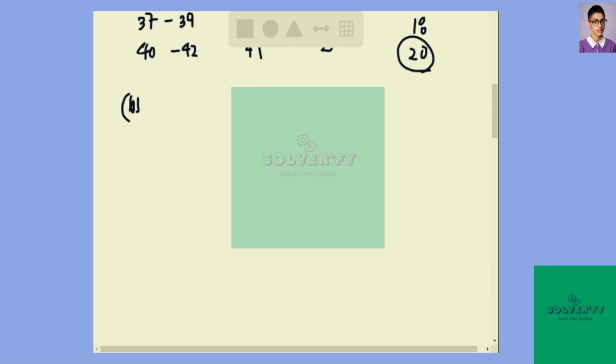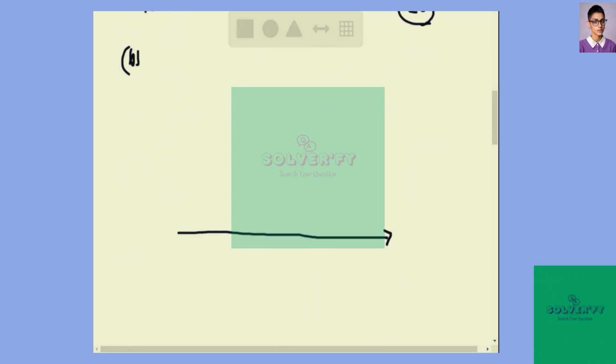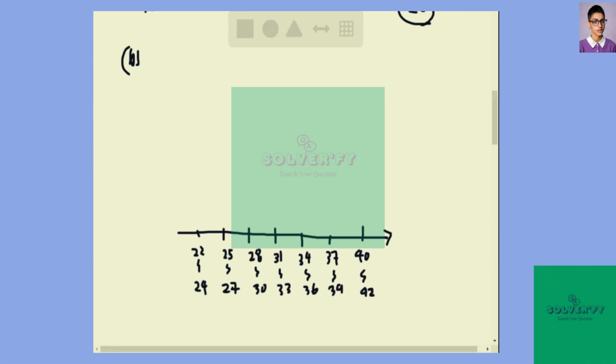And we had what class limits? 22 to 24, 25 to 27, 28 to 30, 31 to 33, 34 to 36, 37 to 39, and 40 to 42. Let me finish the vertical axis.